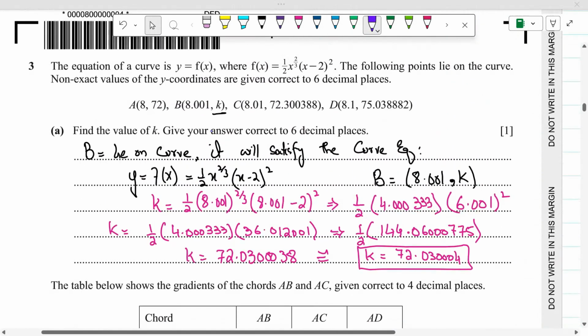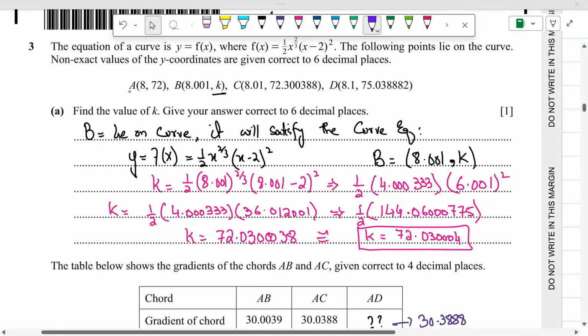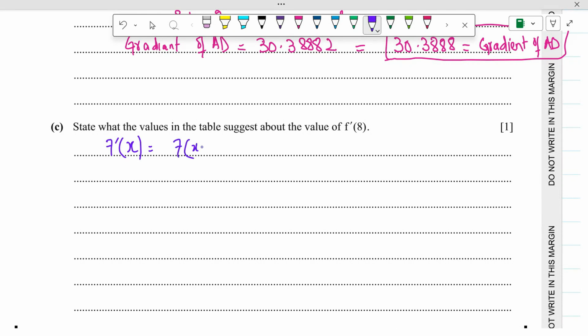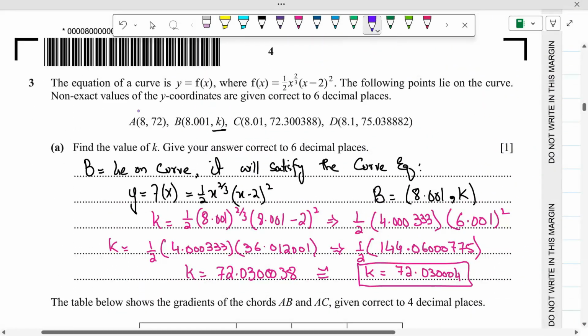These gradients are based on A to B, A to C, and A to D. From the definition of the derivative, we know that f dash of x equals f of (x plus delta x) minus f of x over delta x, where the limit is that delta x approaches 0. What is delta x? Delta x is the change of x.